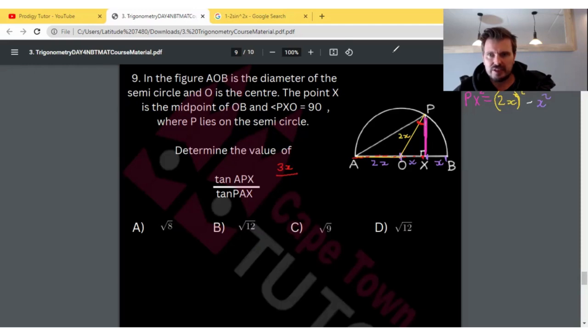So PX squared is 4x squared minus x squared, which gives you 3x squared. So PX is equal to root 3 x, when we square root both sides.